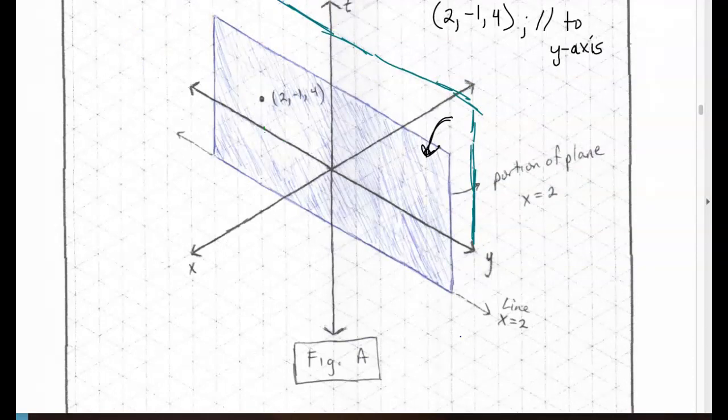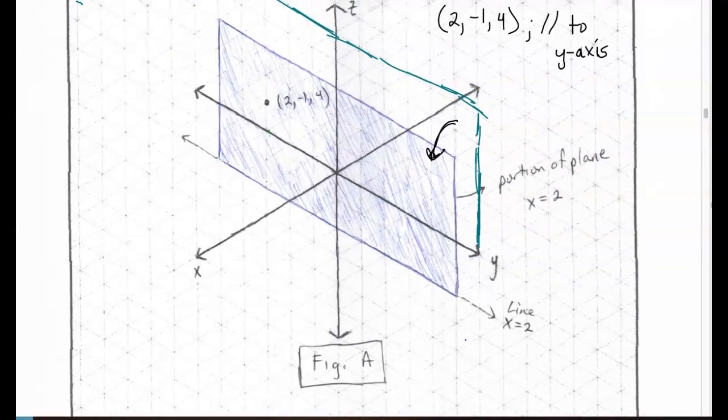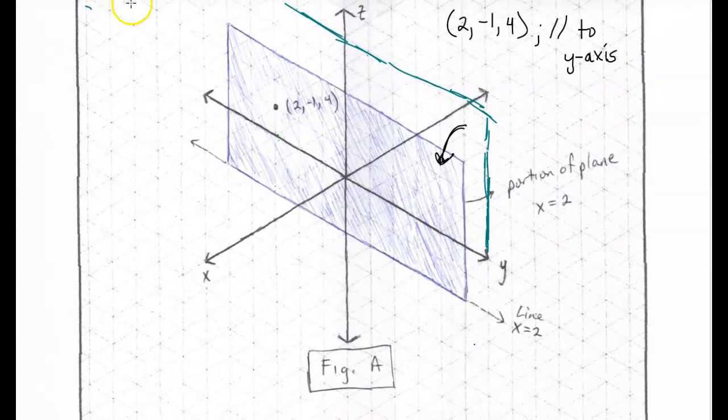Plane would look something to the effect of this. Okay. So this, in effect, is your YZ plane. Okay. And of course, your YZ plane and the plane x equals 2 here, these planes are both parallel to one another.